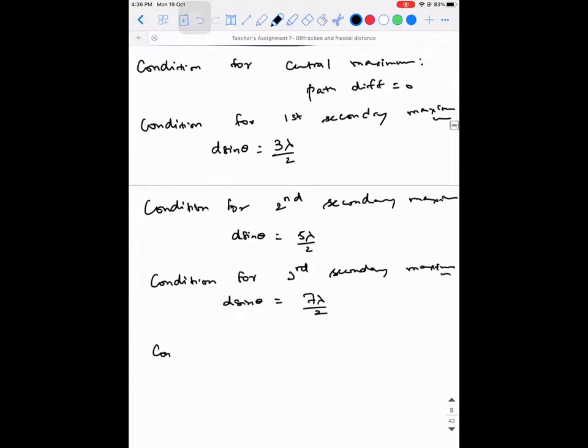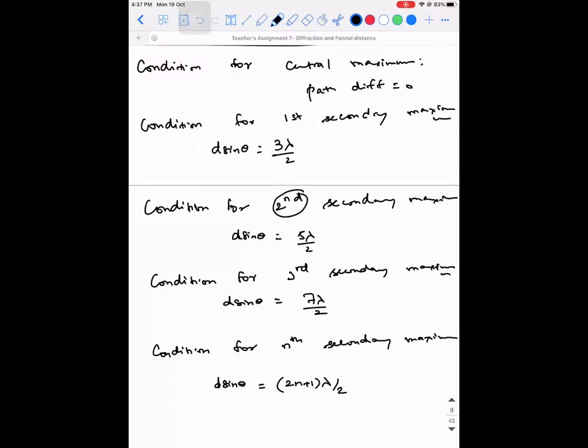In a similar way, what will be the condition for nth secondary maximum, guys? D sine theta should be equal to 2n plus 1 into lambda by 2. Don't write minus 1. Because if you observe everywhere, it is 2n plus 1 only. So if you put 2 here, 4 plus 1, 5 lambda by 2.